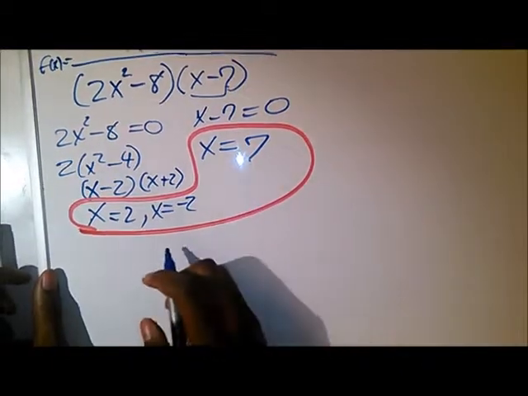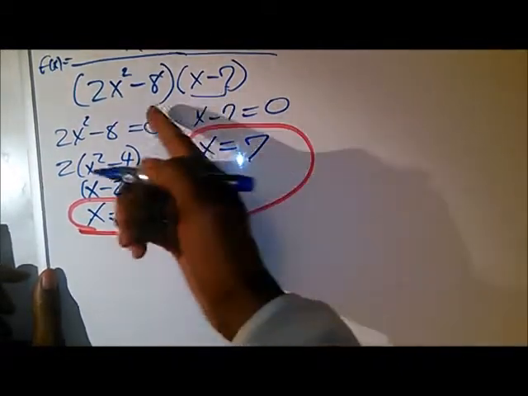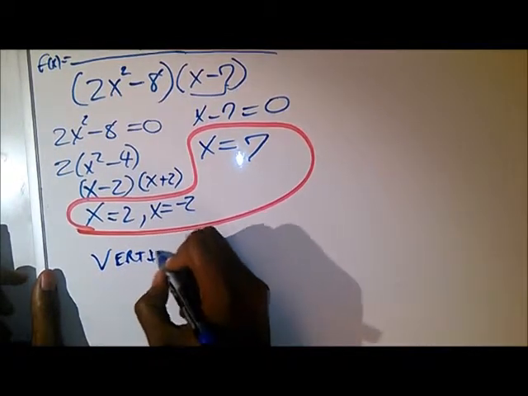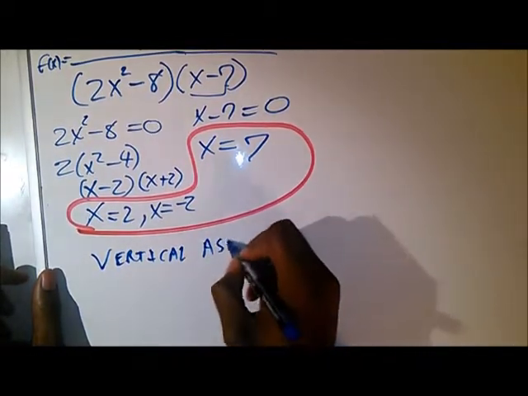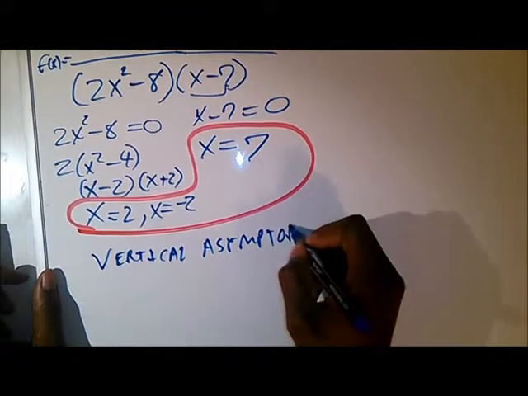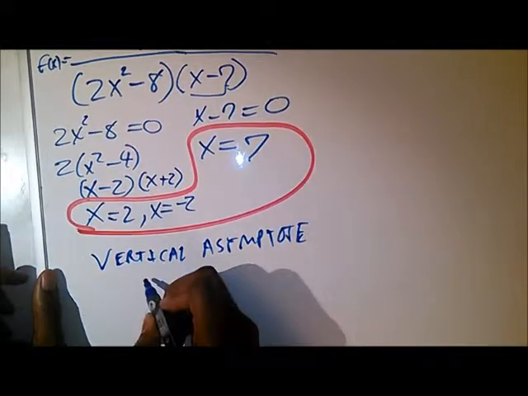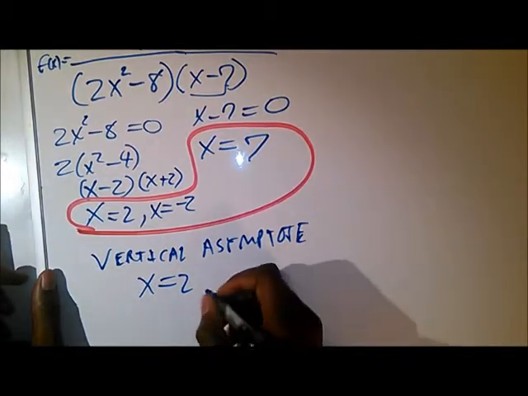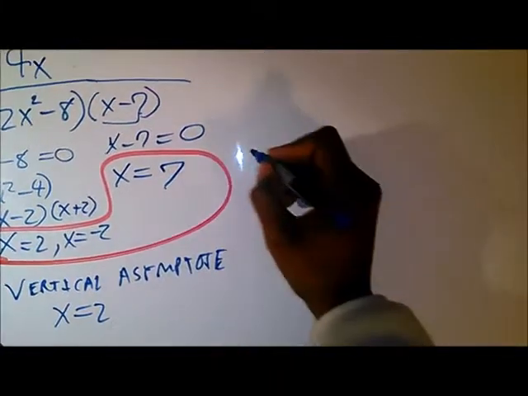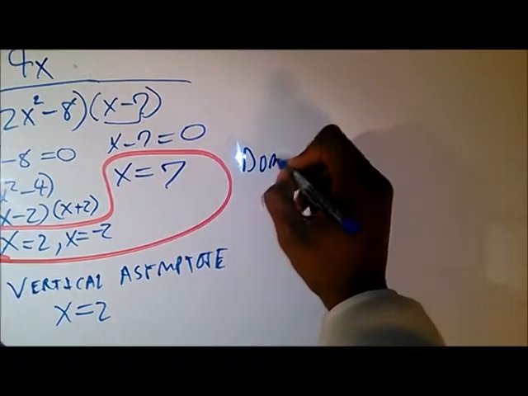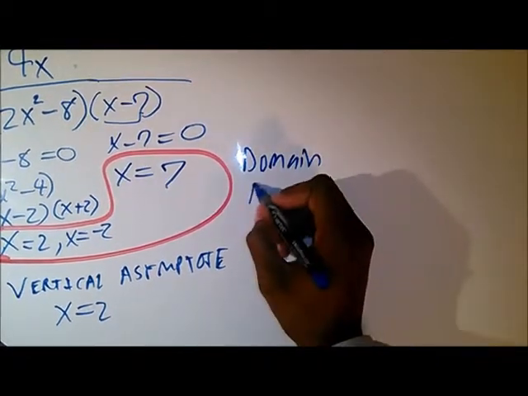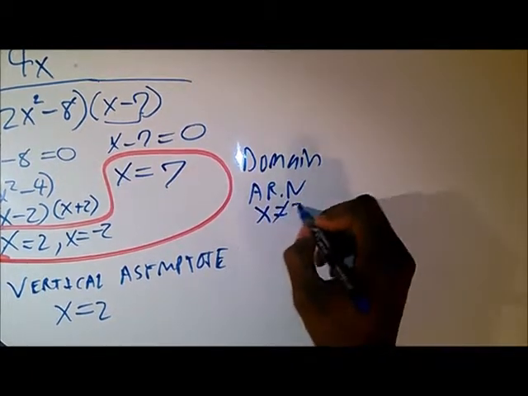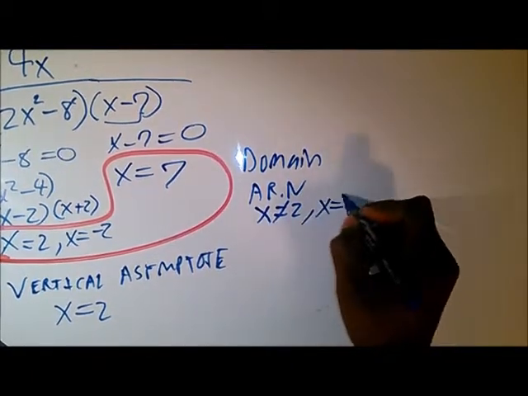Well, whatever is not in the domain, and also what is left over, is going to be our vertical asymptotes. The domain is all real numbers except x equals 2 and x equals negative 2.